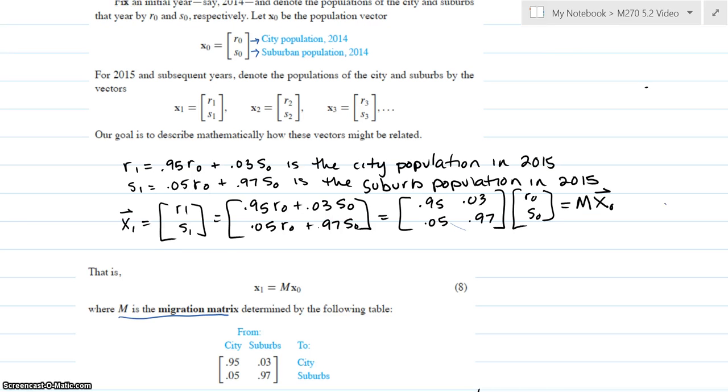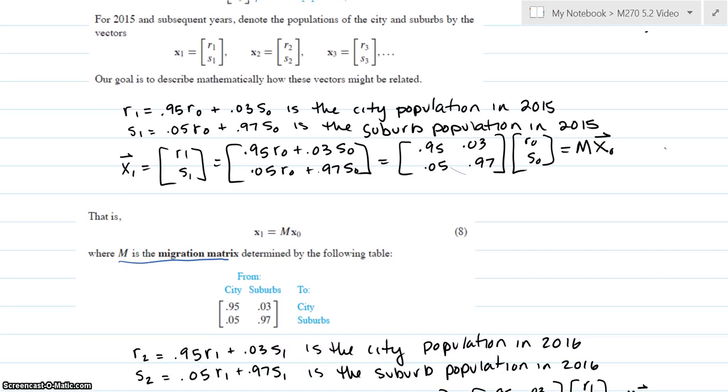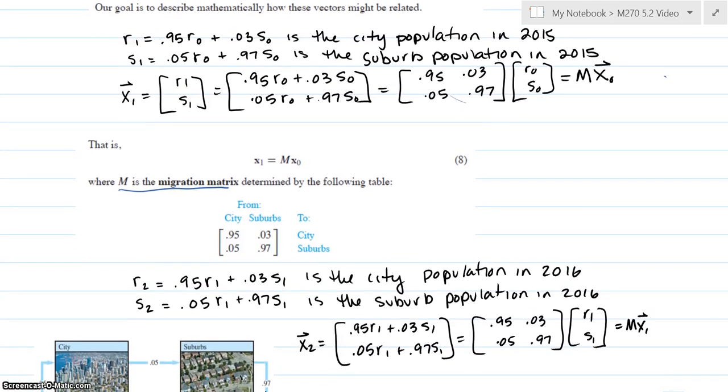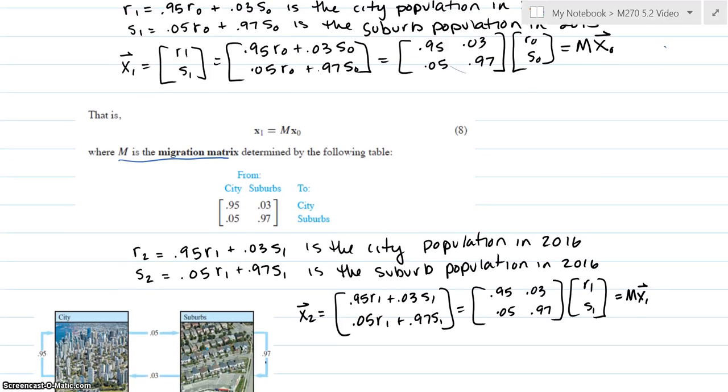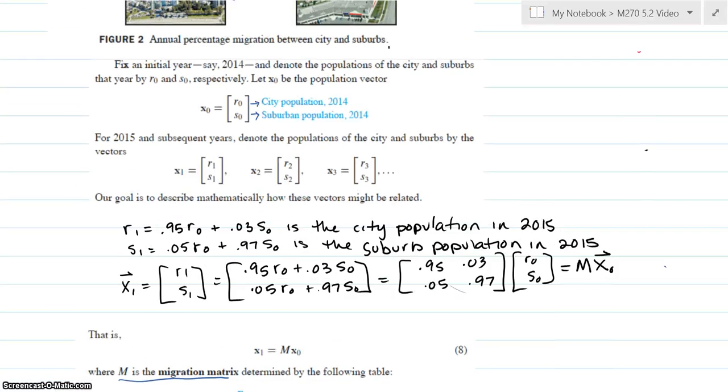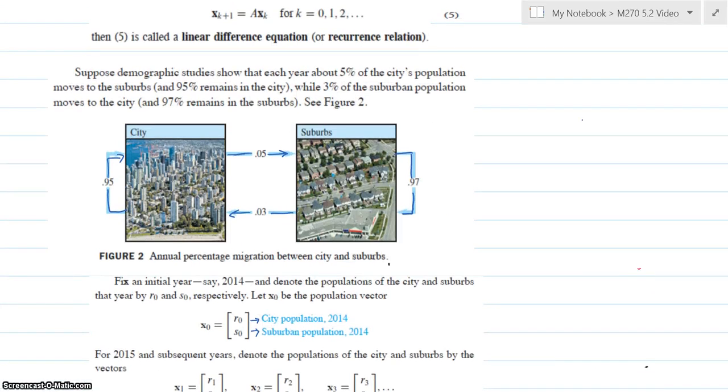We can do the same thing for the next year. It would be the same formulas. R2 would still be 95% of R1, plus 3% of S1, and S2 would still be 5% of R1, the city from last year, plus 97% of S1 remaining. That's assuming that the population is the same every year, which they said in the original that it was.